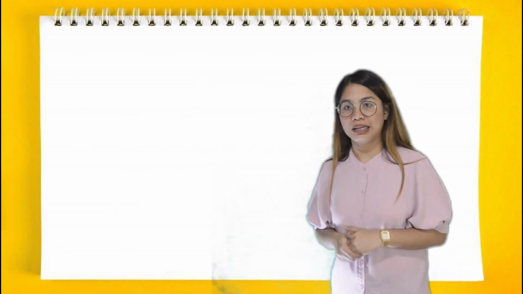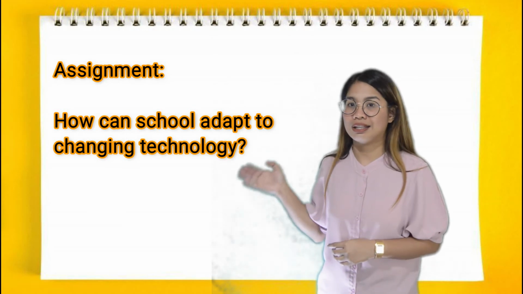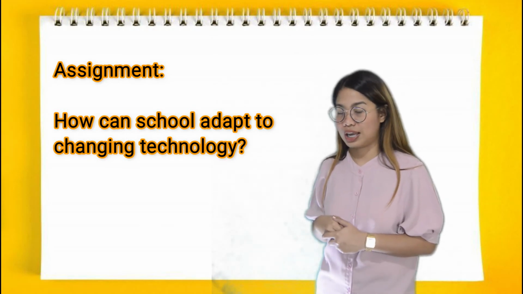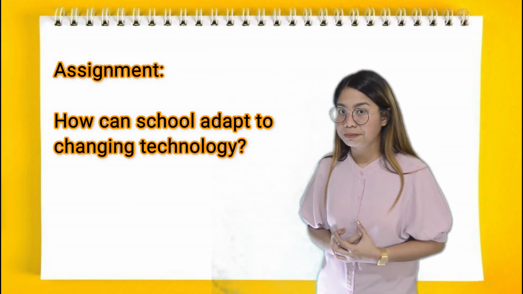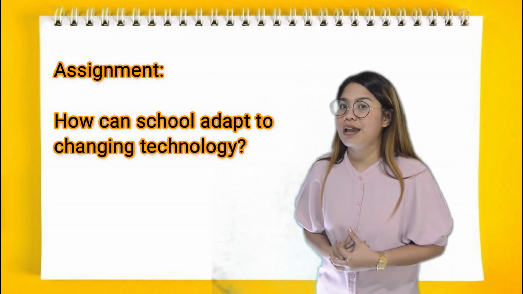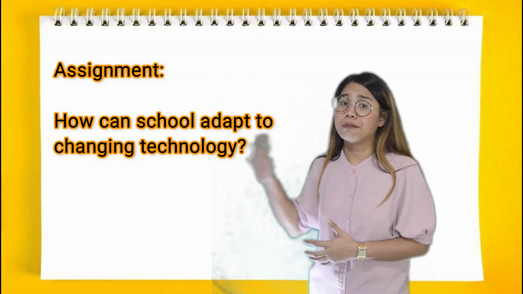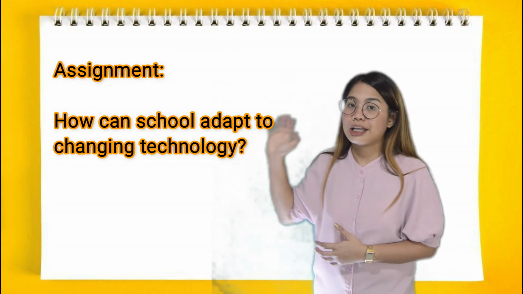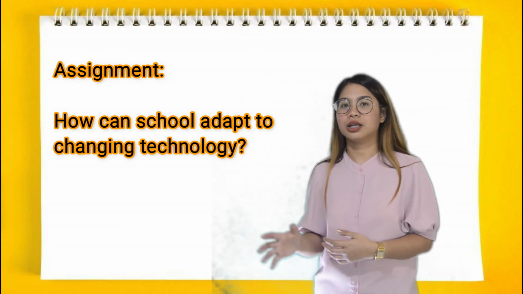So for your assignment, I want you to answer this question: how can schools adapt to changing technology? So we know that in this time of pandemic, changing or advancing in technology is very important. So I want you to focus on the question, how can schools adapt to changing technology?